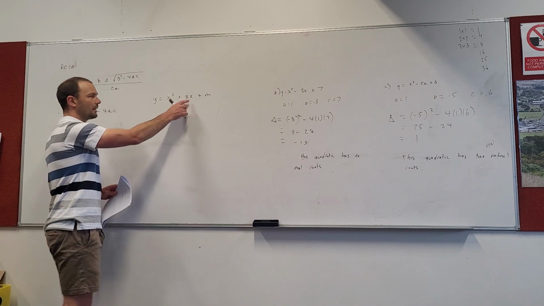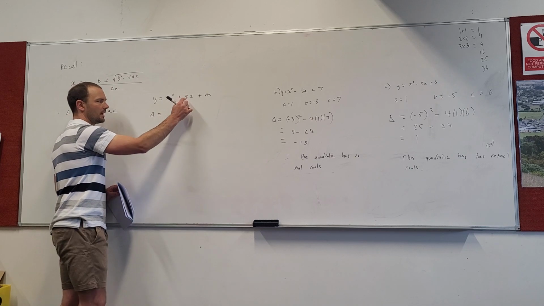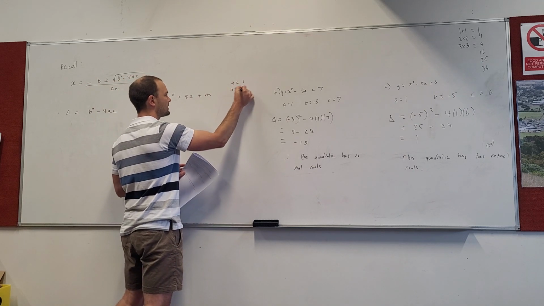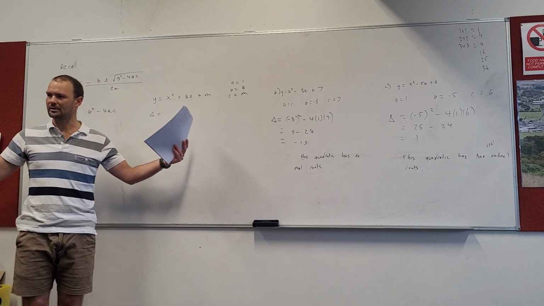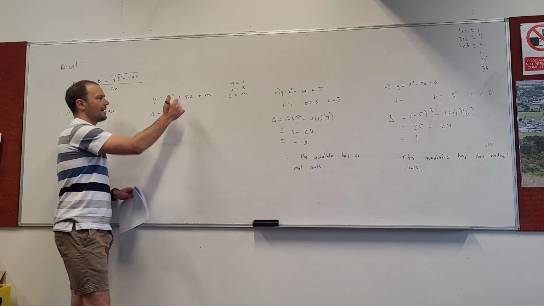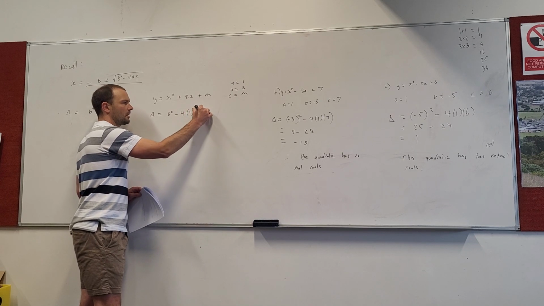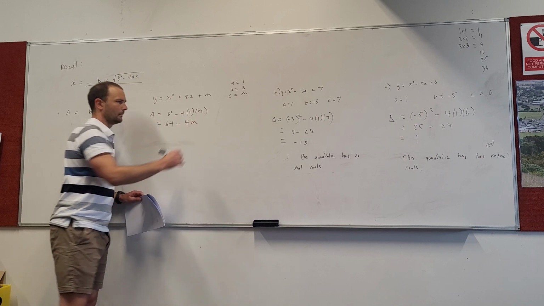So we can go ahead and calculate the discriminant of this quadratic, right? It's going to be b squared. Now I might make a list again for us. a is 1, b is 8, c is equal to m, some number, right? We don't know what it is. So we're going to have here 8 squared, take away 4 times 1 times m. We've got 64, take 4m.